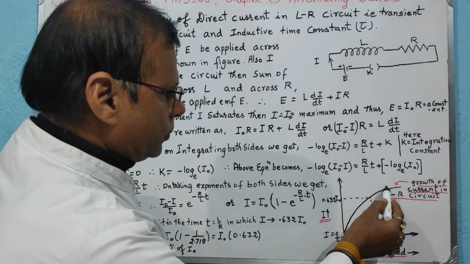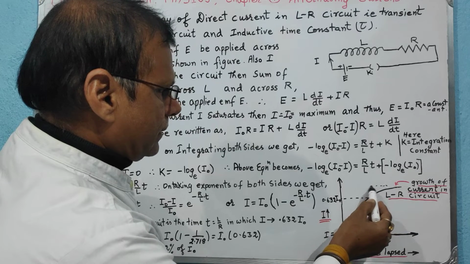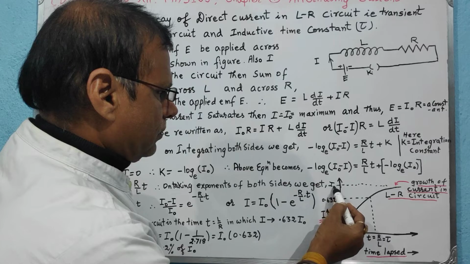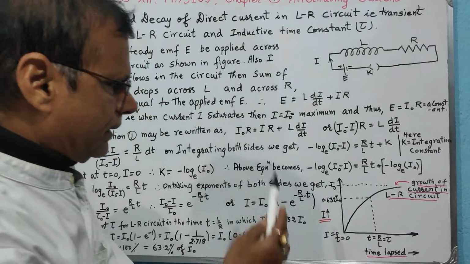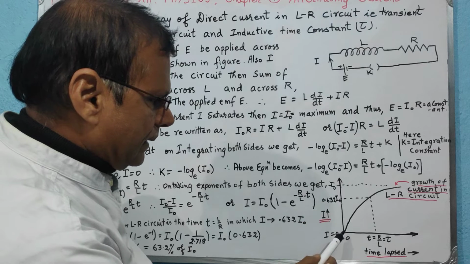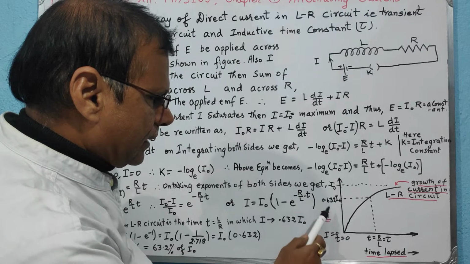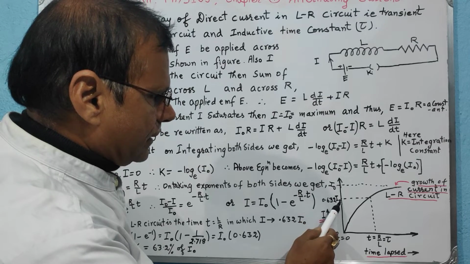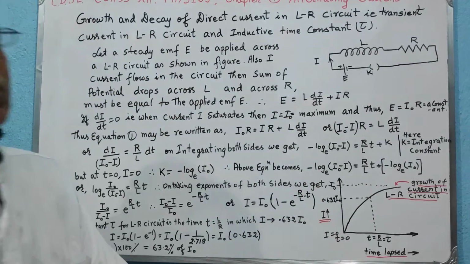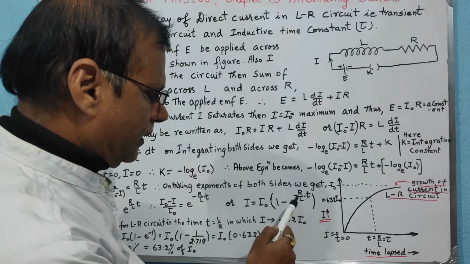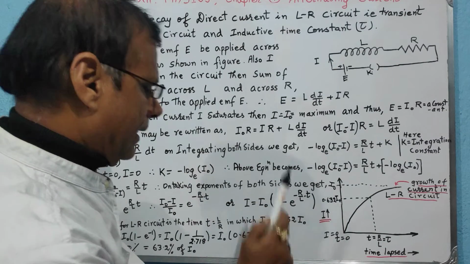This corresponds to the maximum current, the saturation current. So the time taken by the circuit to raise the current, the instantaneous current, up to 0.632 fraction of the saturation current, that time is known as the time constant, and that time will be equal to L by R.